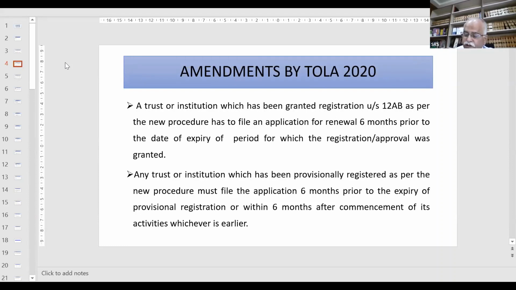But within the period of 3 years, you have commenced your activities of the charitable nature. Then what the law requires you is to make an application for final registration, converting the provisional registration into a final registration within 6 months from the commencement of its activities. So there are some issues on this. We will discuss it later when we take up issues separately.